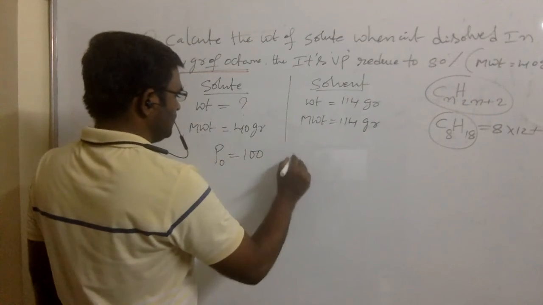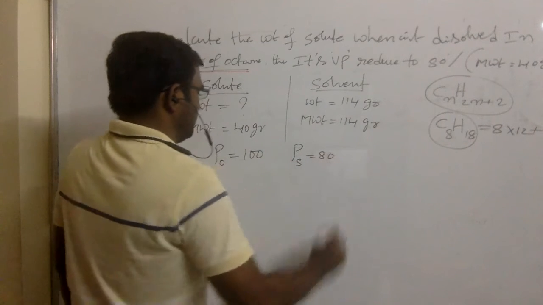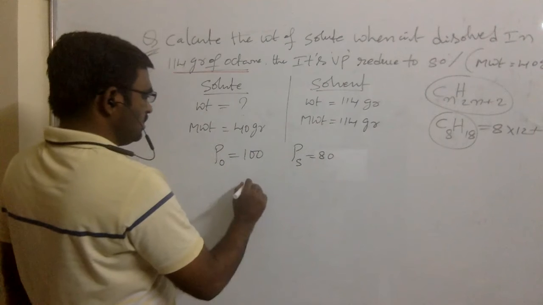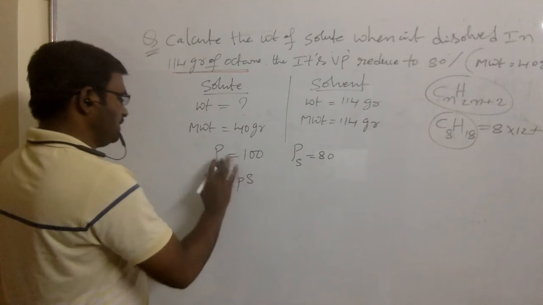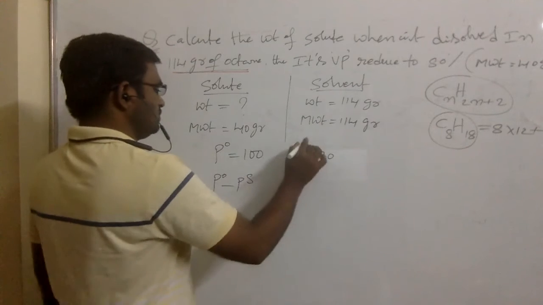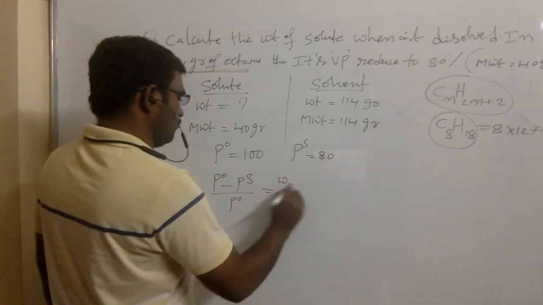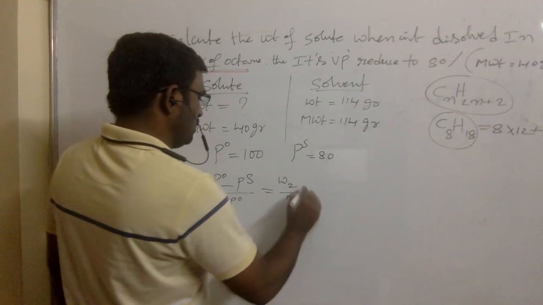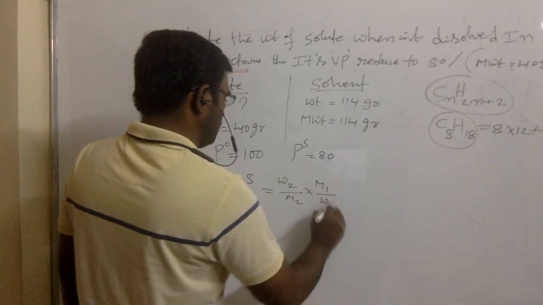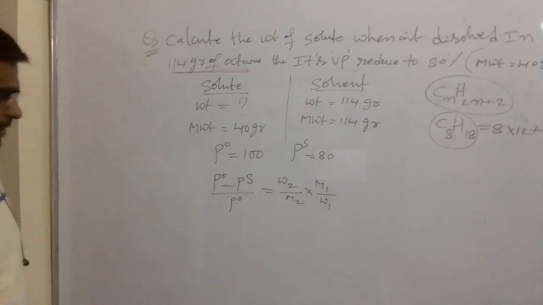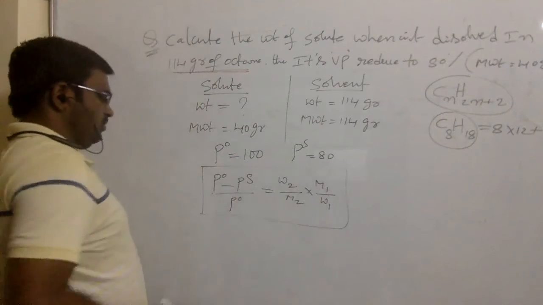After adding, it changes into 80%. So all these values we substitute in the given formula: (P naught minus PS) by P naught is equal to weight of solute by molecular weight of solute into molecular weight of solvent by weight of solvent.